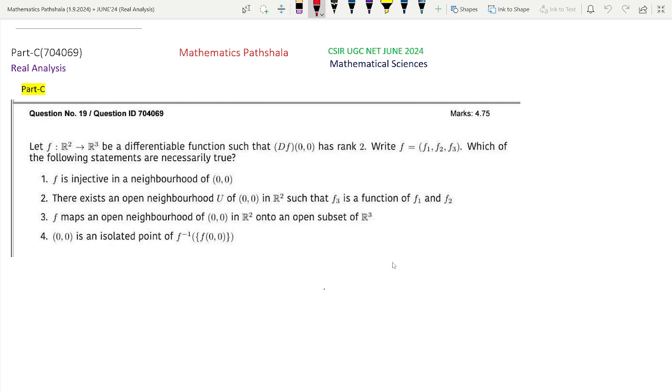So for this, see here, f is written in terms of the component functions f1, f2, f3.